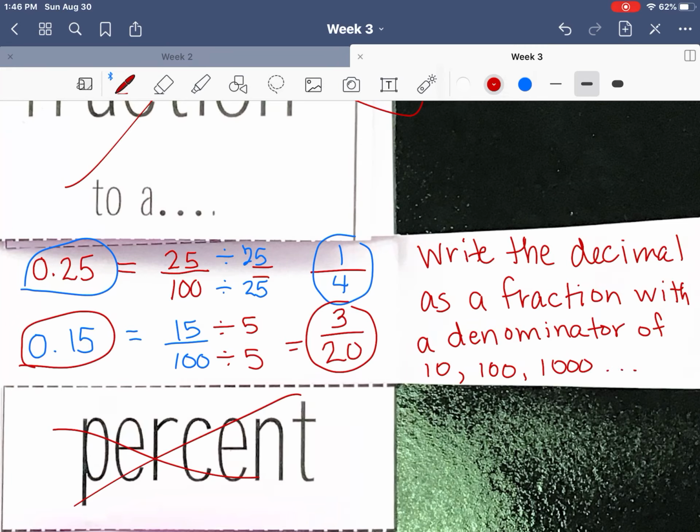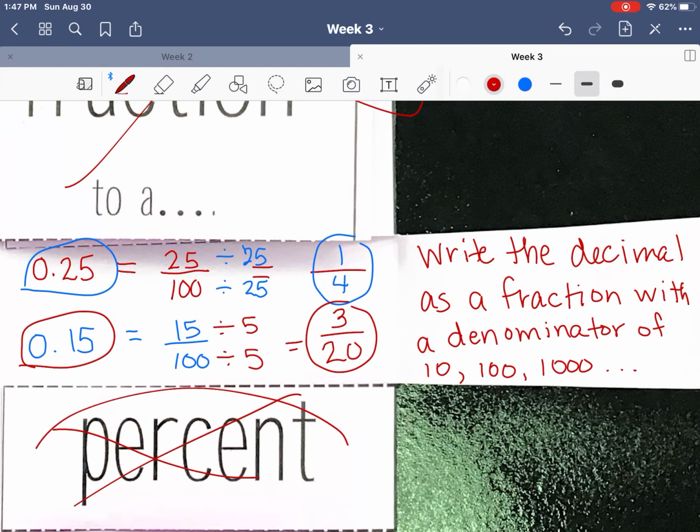A decimal is always going to have a denominator of 1 followed by zeros. It might be tenths, it might be hundredths, it might be thousandths, it might be ten-thousandths. But every decimal has a denominator that starts with 1 and then has zeros after that. Okay, so now you know how to write a decimal as a fraction.